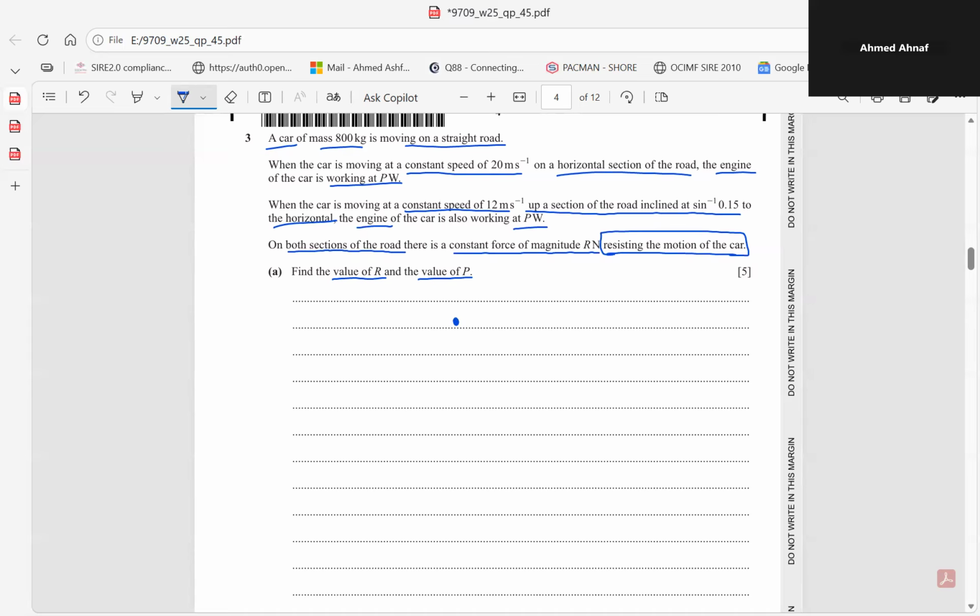So for the horizontal road, there's going to be a driving force, Fd, and then there's also the resistive force, R newtons.